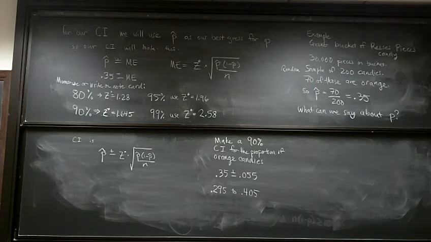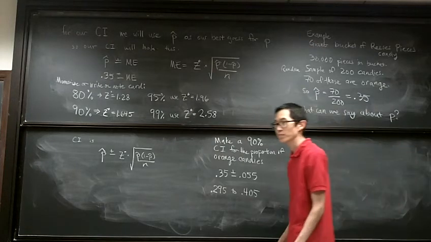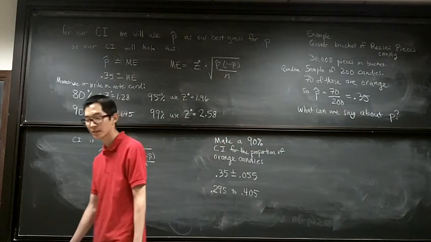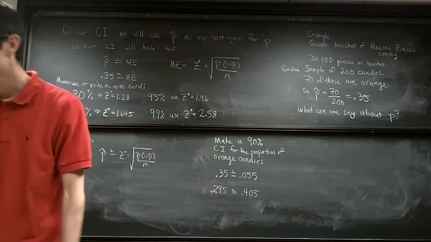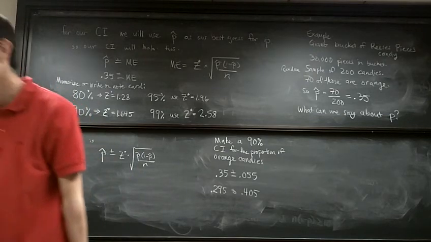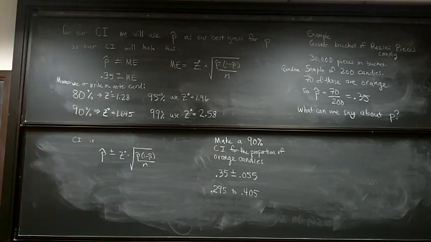N is your sample size. Third or fourth decimal, it's up to you. You got it? Great. Good.